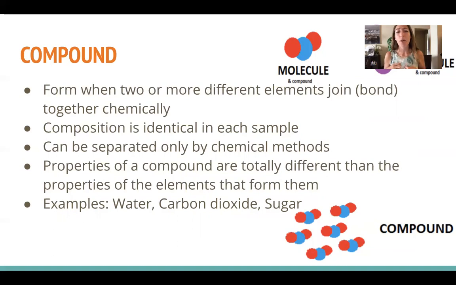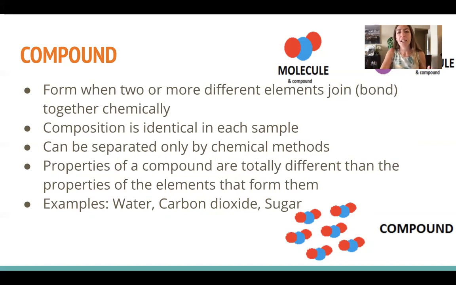The properties of a compound are totally different than the properties of the elements that form them. So some examples are water, carbon dioxide, and sugar. So they become something entirely new.